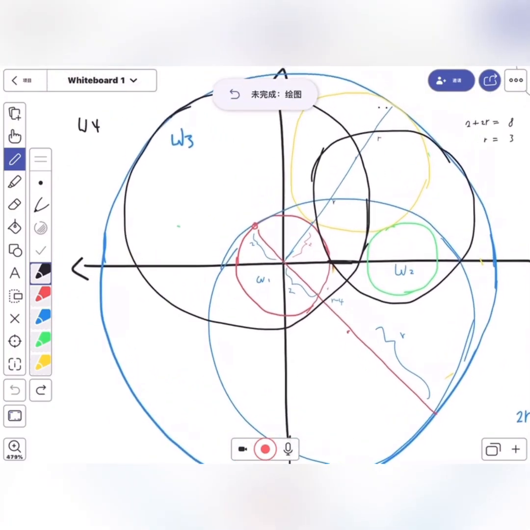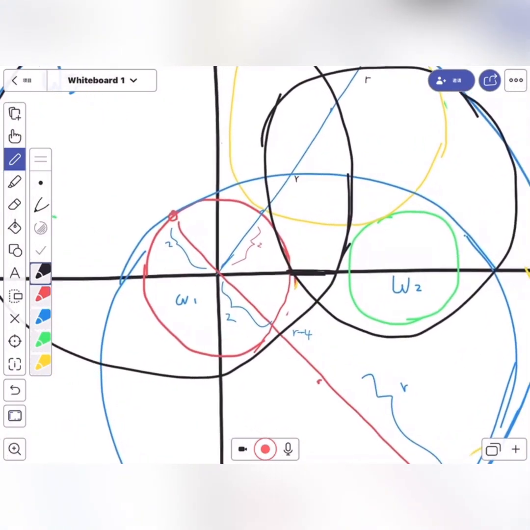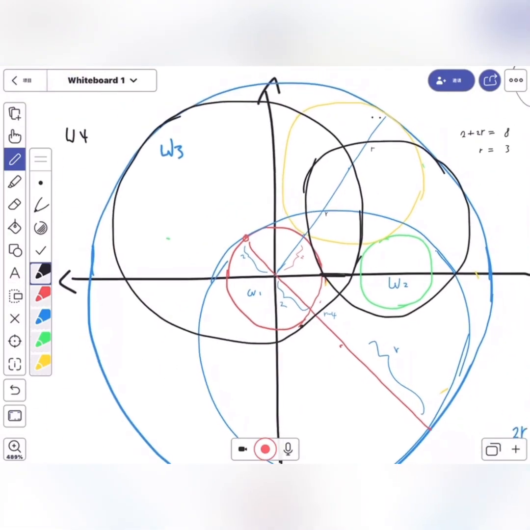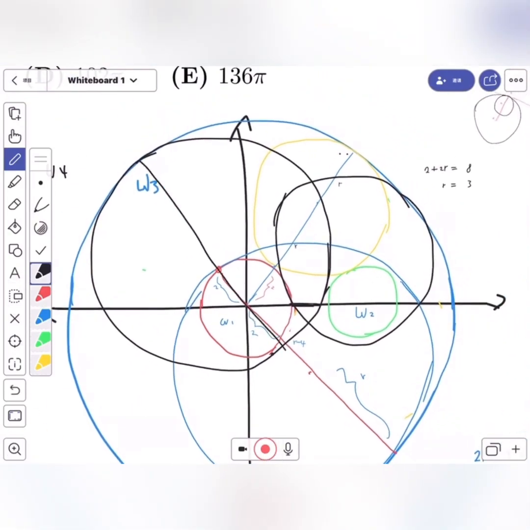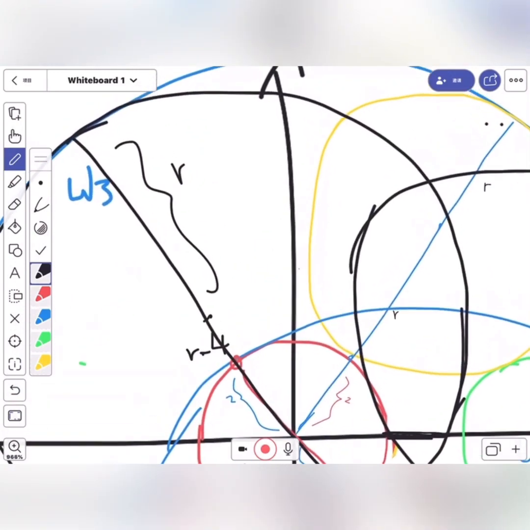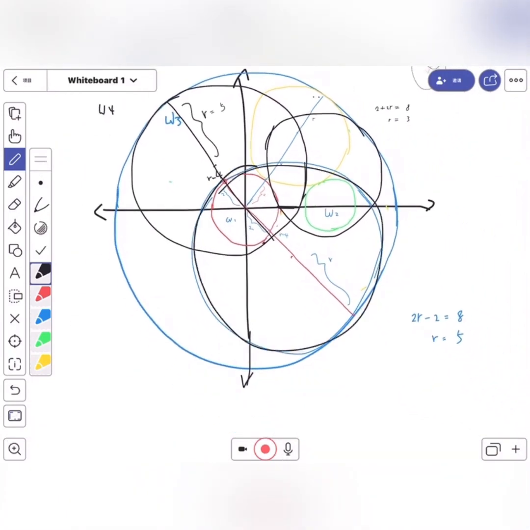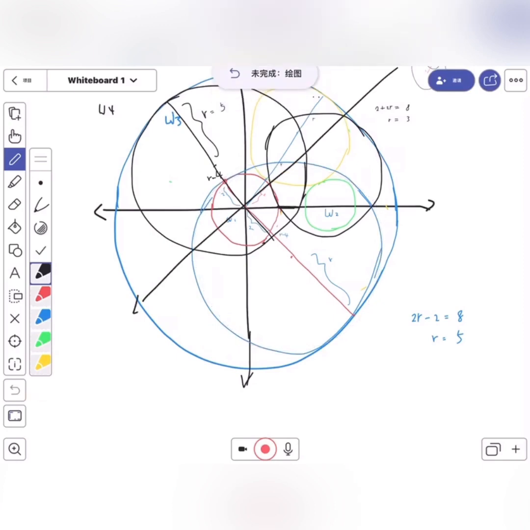So how are we going to compute this radius? Well, this radius is exactly the same, because we can just draw this line and call this to be the center. And if we call this r, this is r minus 4, and this is 2. Then after you solve, then you get that r is equal to 5, which is exactly the same as this circle, except that we just basically reflect across the axis y is equal to x.